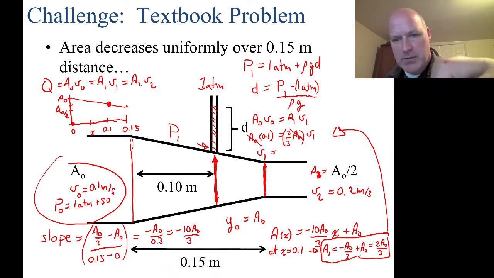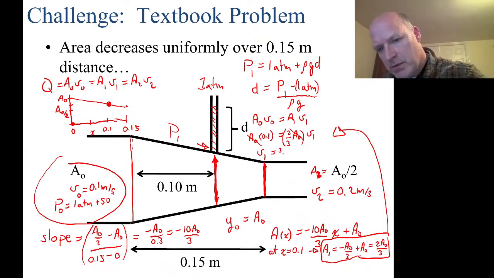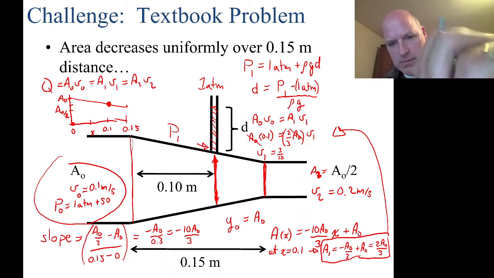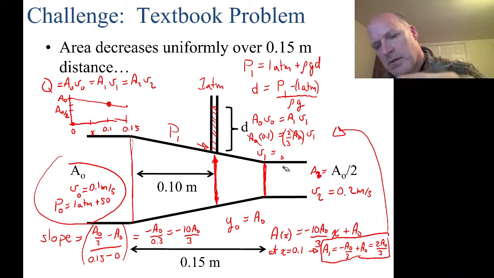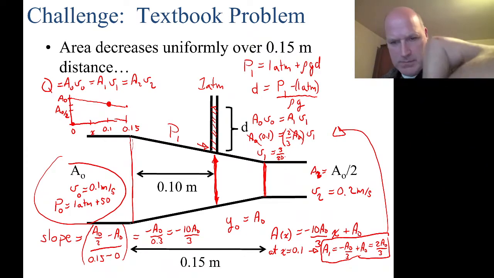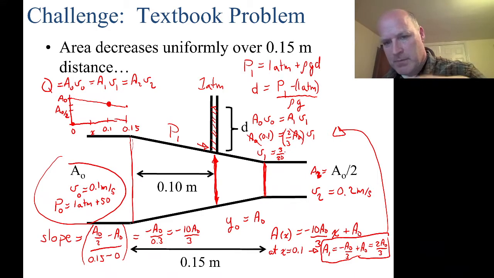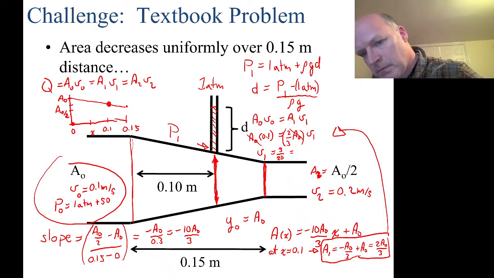V1 is going to be equal to 3/2 times 0.1, which becomes 3/20ths, 0.15 meters per second.